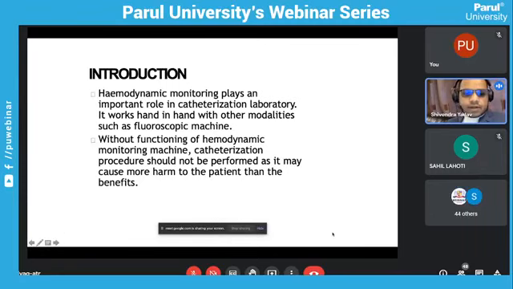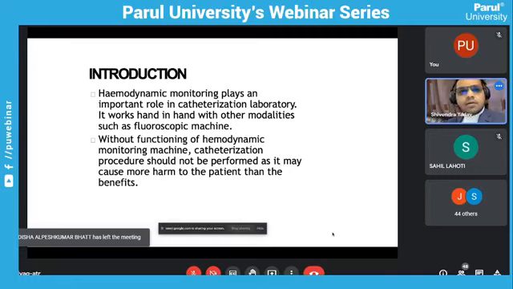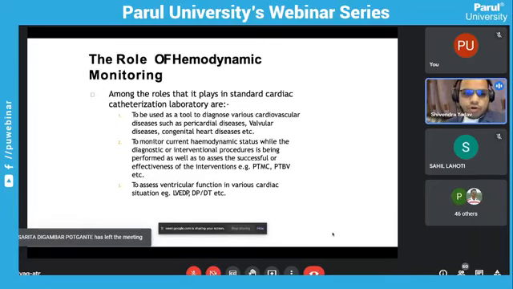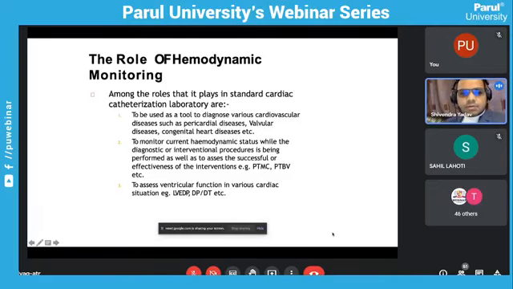Like for any procedure, you definitely need vitals to be there on screen to be more comfortable with the patients and perform the procedure. Inadequate equipment during cardiac catheterization is a contraindication for any procedure. So you can see how important this is.